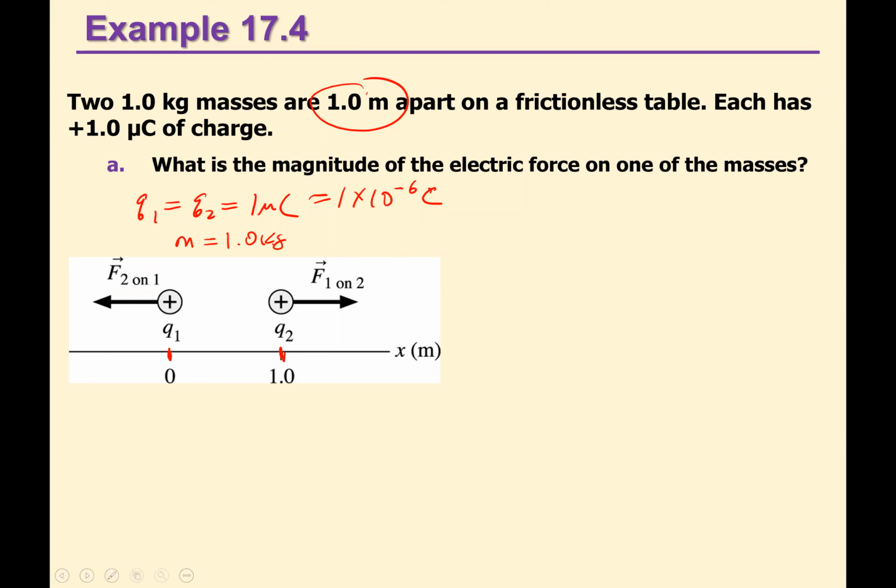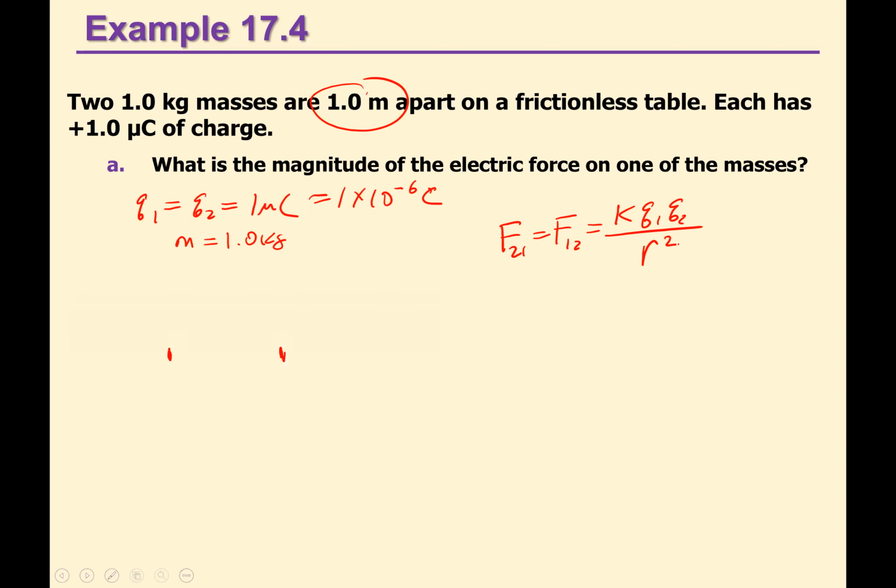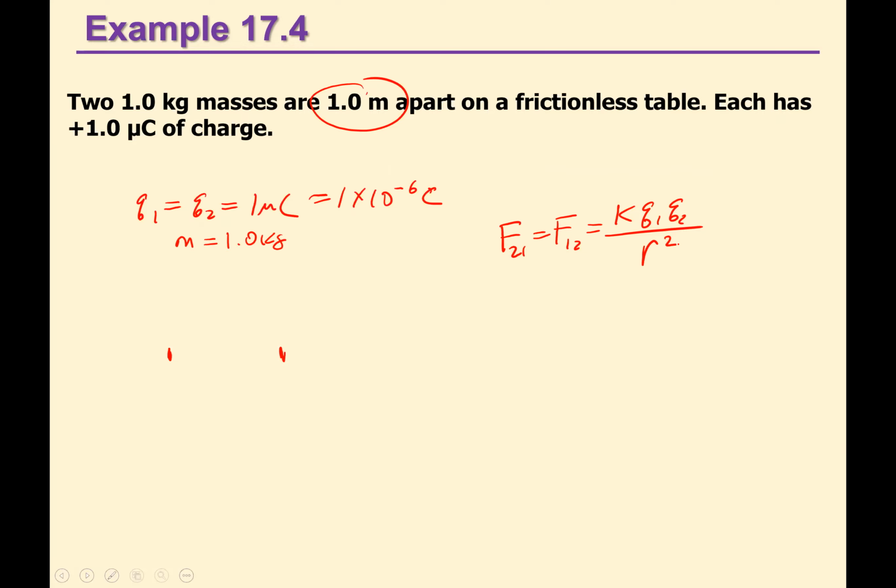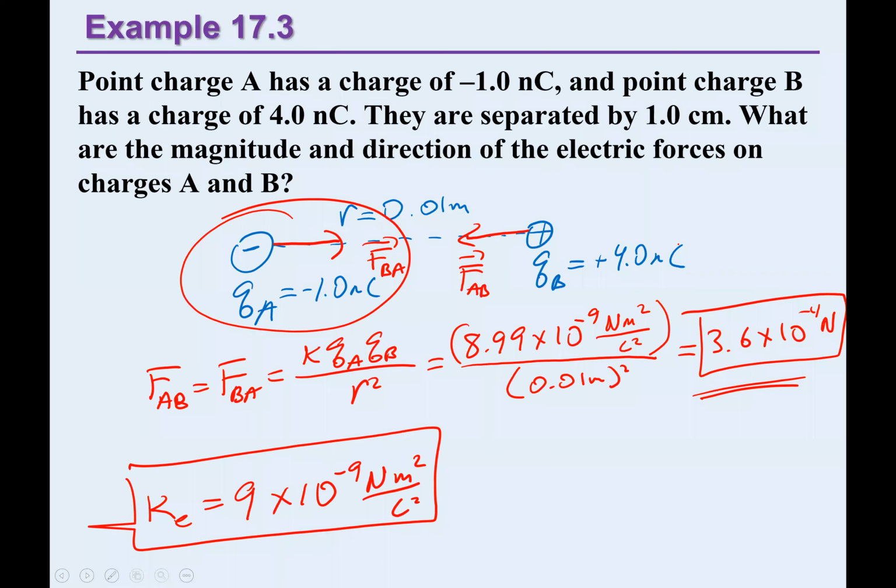So the electric force F21, which is the same as F12, is K Q1 Q2 over r squared. All right, one thing I want to mention is that I want to go back to the previous example, because I just noticed that I made a mistake over there.